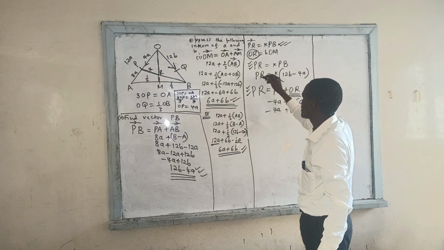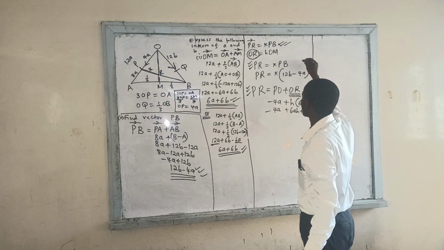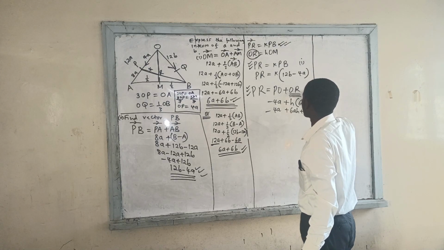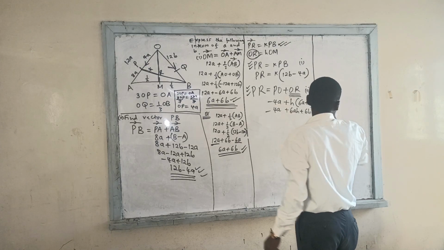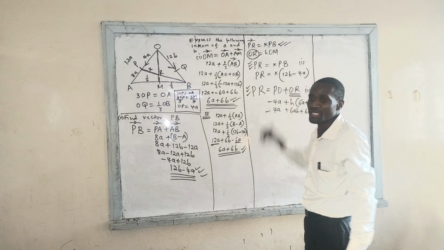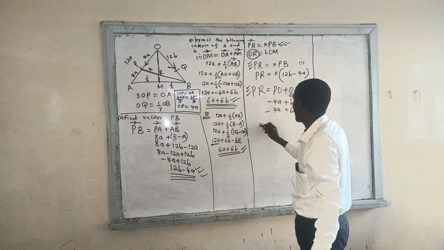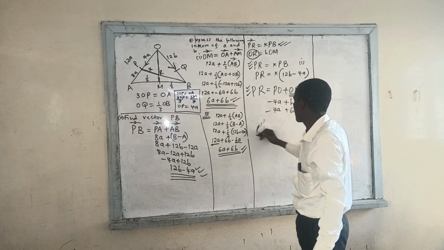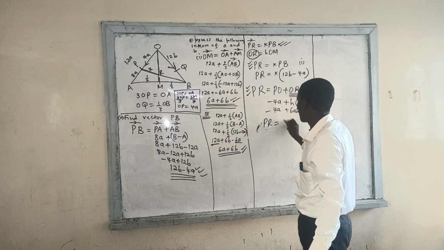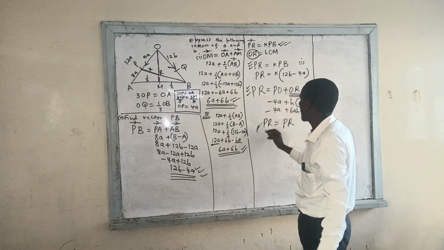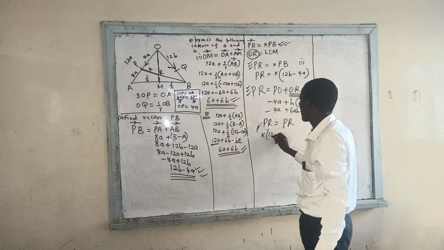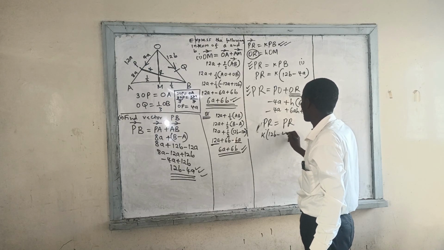So we know this is PR, and so this is the first way, this is the second way. We know very well these two are the same. So we shall say PR is equal to PR. So the first PR, K into 12B minus 4A.